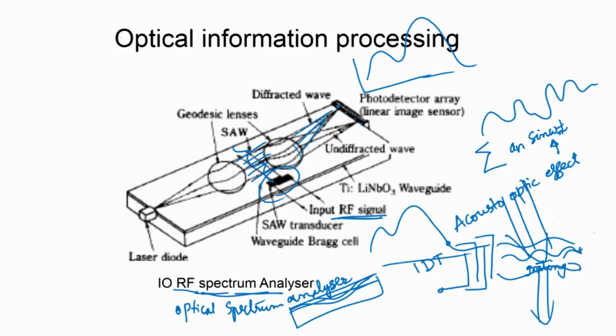In this particular case we fix the RF signal at a constant frequency, and we know the pitch of the grating and so on, and we give the optical signal to be analyzed here, modulated onto the laser diode, or we can also say this is a composite optical signal having different colors or frequency components which need to be analyzed.